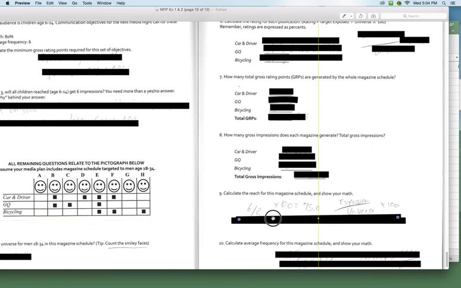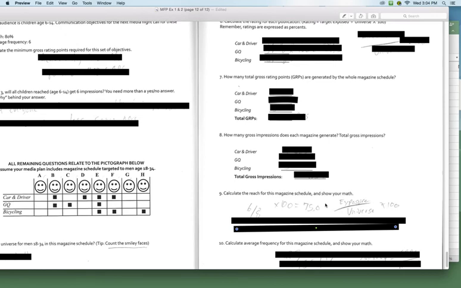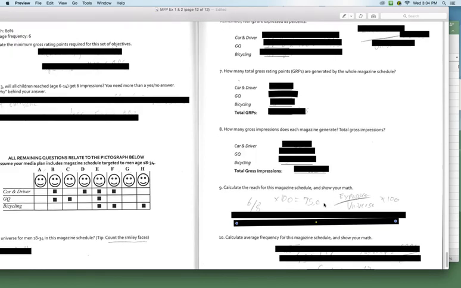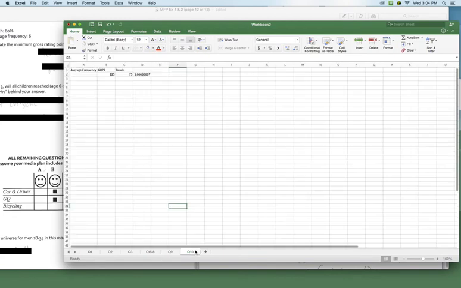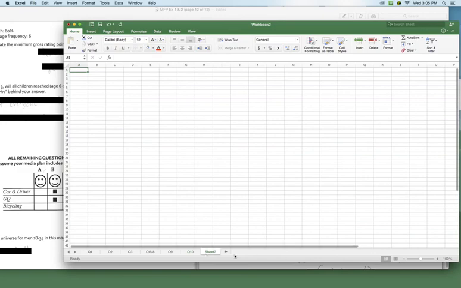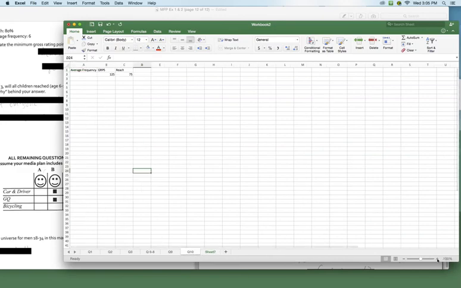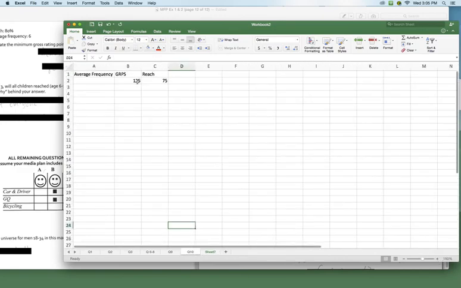Oh, I did not plan those bars out very well. So 6 out of 8, 75. So the average frequency will be based on this whole notion of GRPs over reach. And again, very, very simple. Let's zoom in.